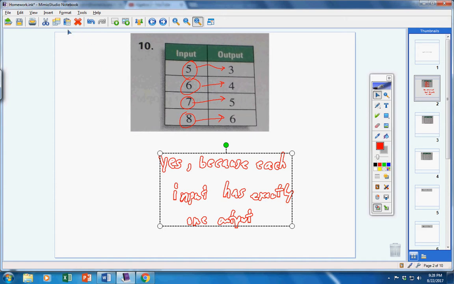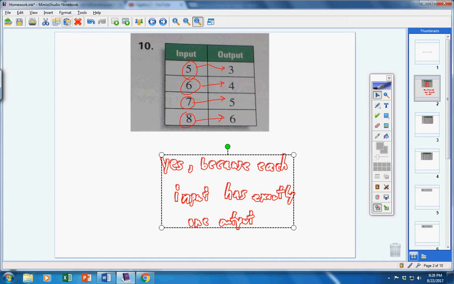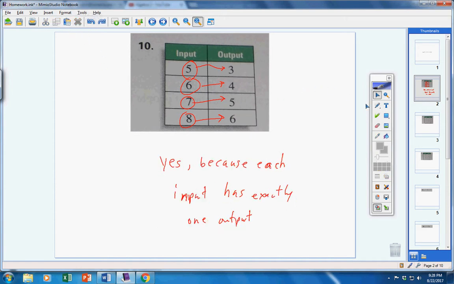Now, by the way, just for the record, it's totally okay to have more than one. It's okay if each output has more than one input. That's fine. But each input has to have exactly one output. It's very important. If it doesn't, then it's not a function.